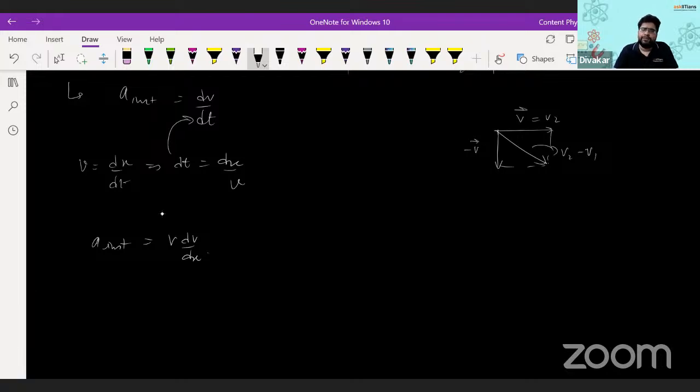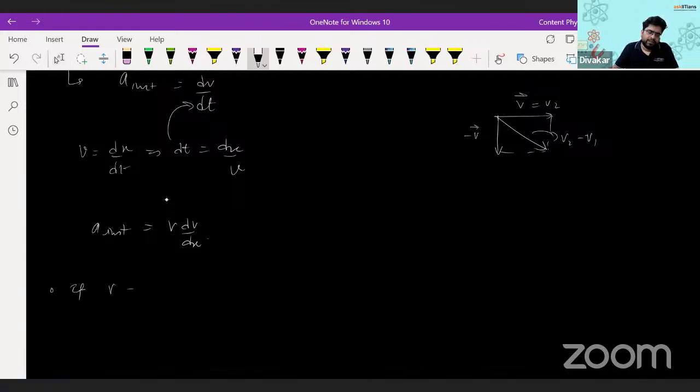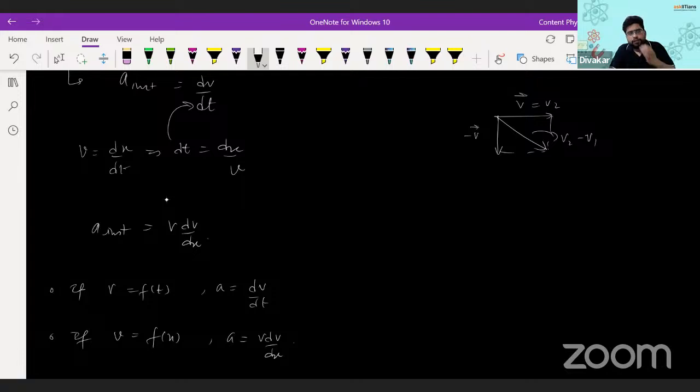It's fairly evident that if velocity is given as a function of time, then the formula you will go for is dv by dt. And if velocity is given as a function of x, then you'll go for v dv by dx. So depending on the need of the question, you will decide whether to go for dv by dt or v dv by dx.